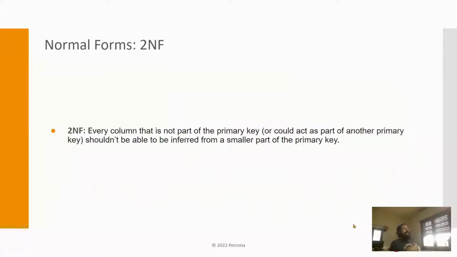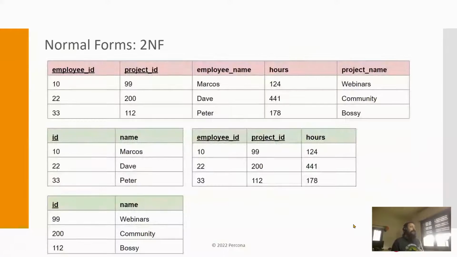Another normal form: every column that is not part of the primary key shouldn't be able to be inferred from a smaller part of the primary key. Okay, this is more easily shown than explained. So let me try this.